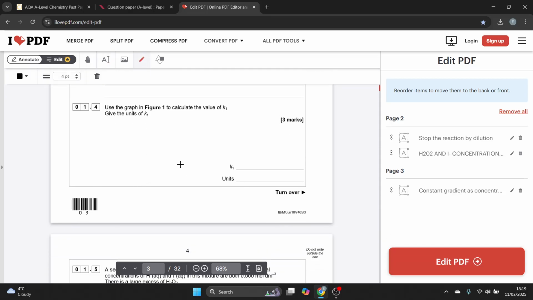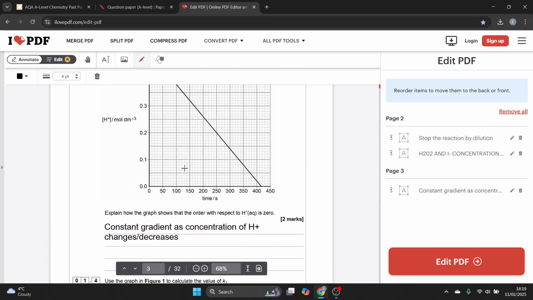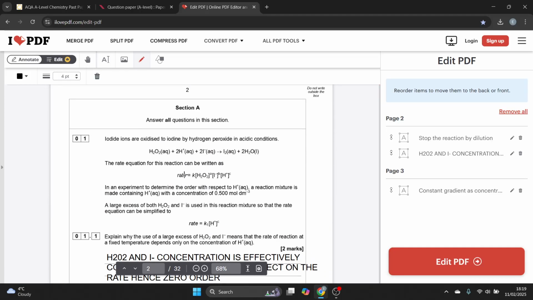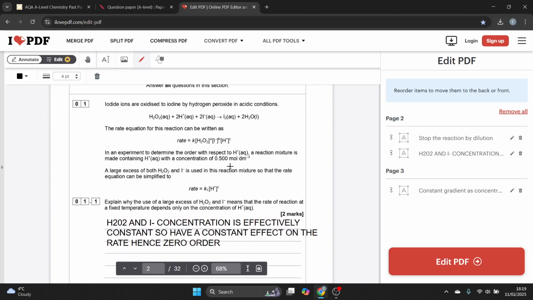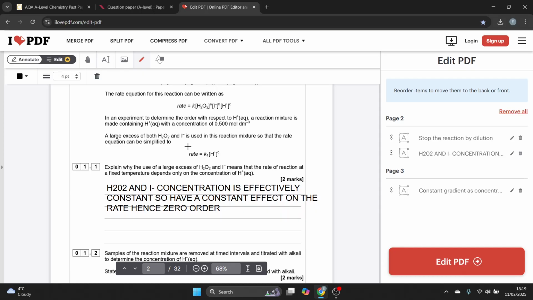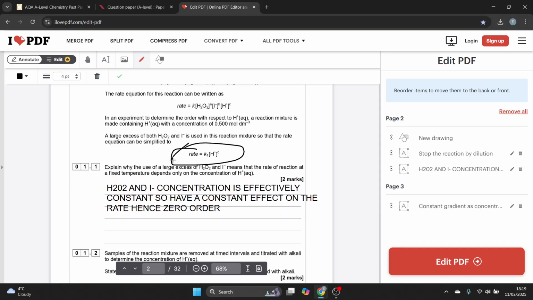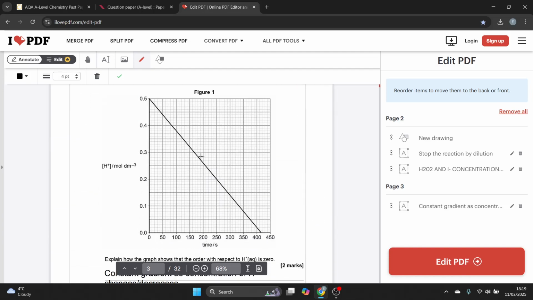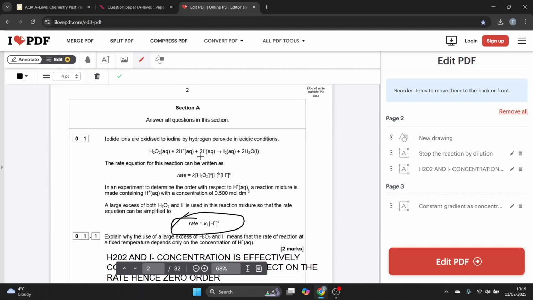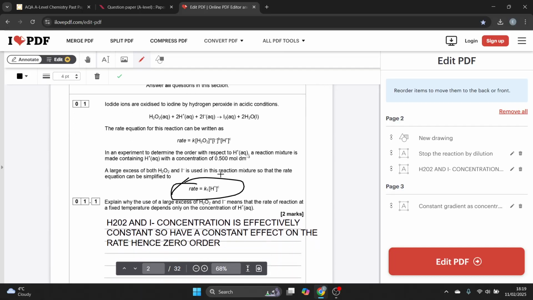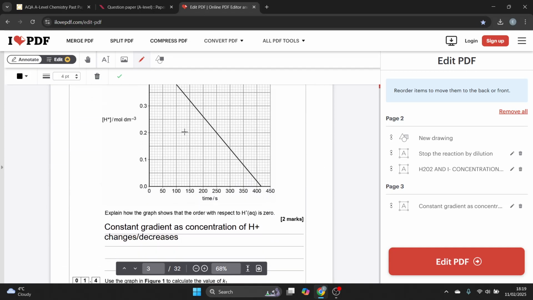Use the graph in Figure 1 to calculate the value of K1. What's K1? Well, K1 is the rate divided by the concentration of H plus ions. So use the graph to calculate the value of K1.